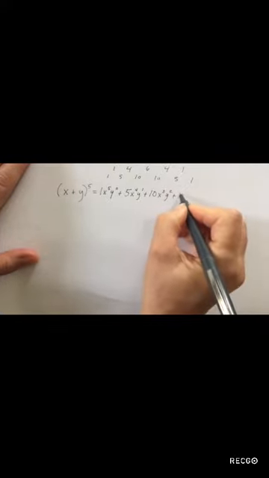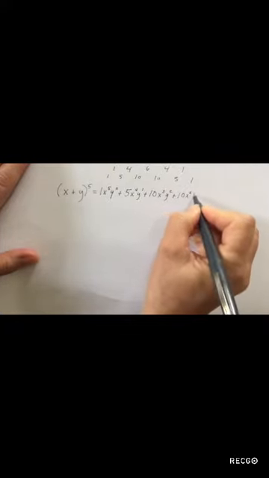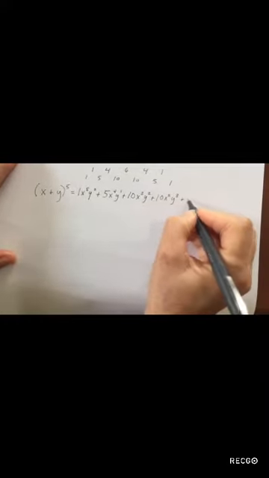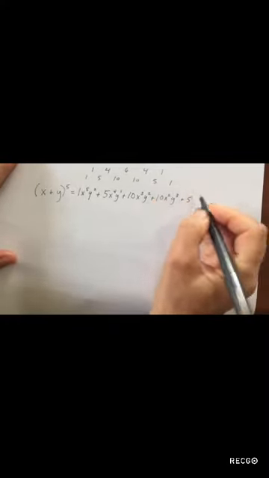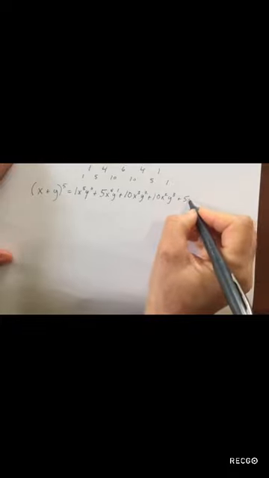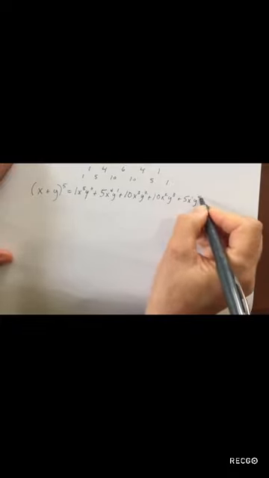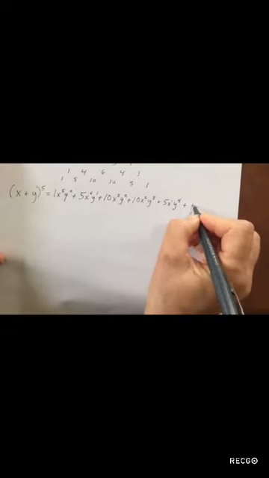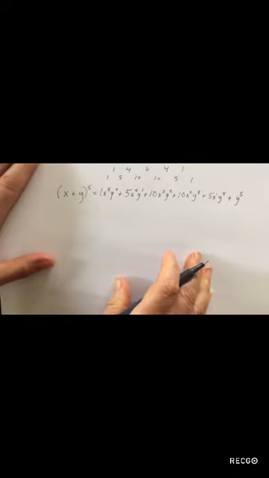Then 10 x squared y cubed, y building up, x going down. Then 5, the next coefficient, then x is now down to the 1 power, y is up to the 4th power, and of course the last thing is going to be y to the 5th power. Hopefully that all works out well enough for you.